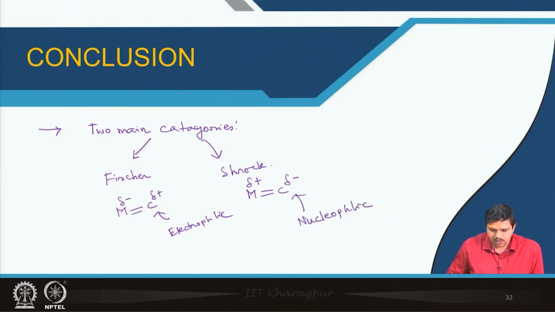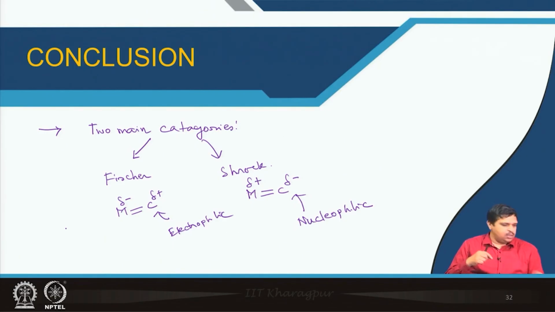So you understand how different it is, and also we have understood the qualitative molecular orbital diagram of the Fischer and the Schrock, and you see that the character of the LUMO and HOMO are entirely different, just reversed in the Schrock carbene complex compared to the Fischer complexes.